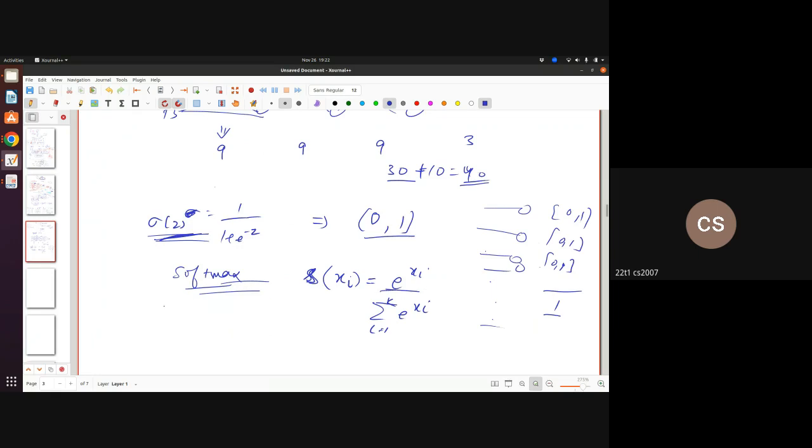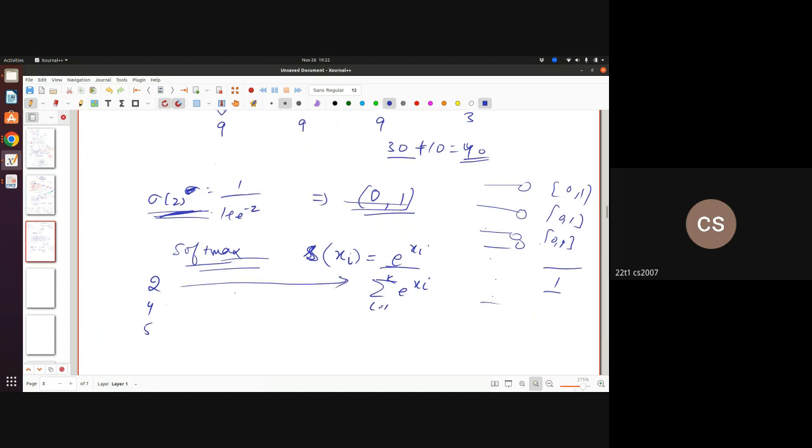Let's say you have some values, let's say 2, 4 and 5. Now if you apply sigmoid on 2, you get some value. If you apply sigmoid on 4, you get some value, and so on. But the sum we want to be 1. So we'll use this softmax function, where the probability pertaining to 2 will be e to the 2 divided by e to the 2 plus e to the 4 plus e to the 5.